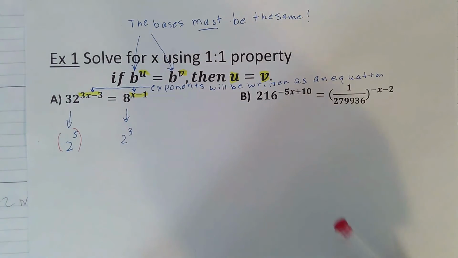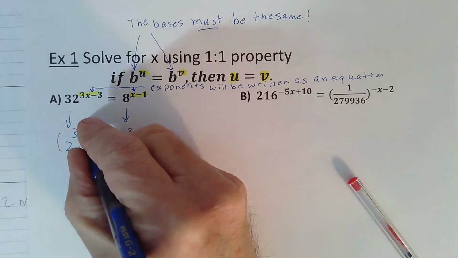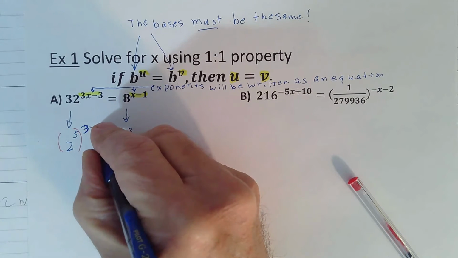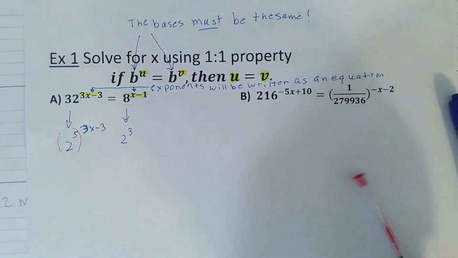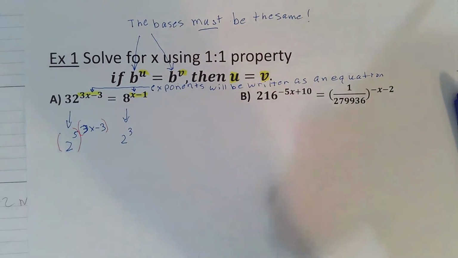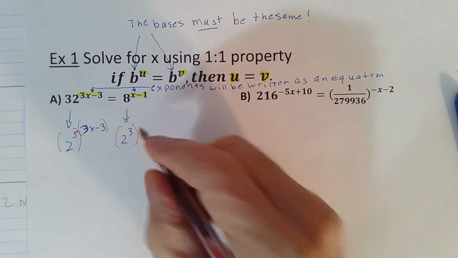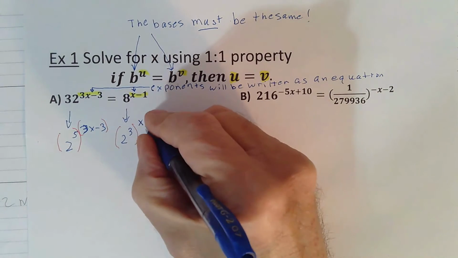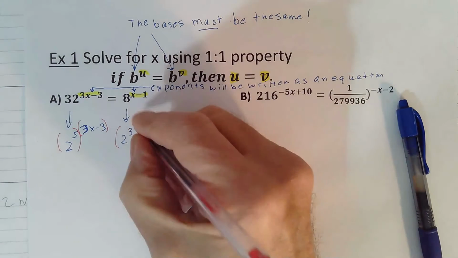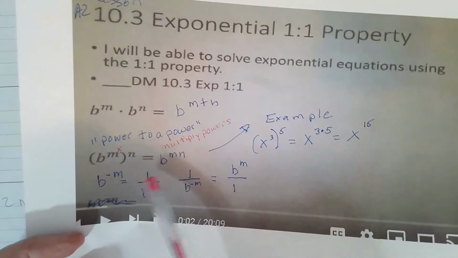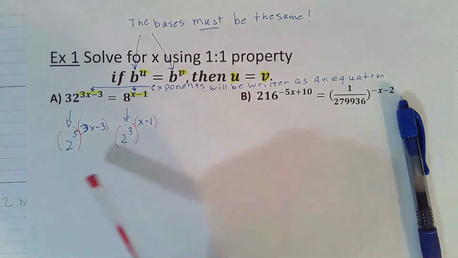So I have 3x minus 3, and I'll put that in parentheses as well. And then 2 to the 3rd, in parentheses, and then to the x minus 1, also in parentheses. So now it looks like the power to power situation that we've got right here.